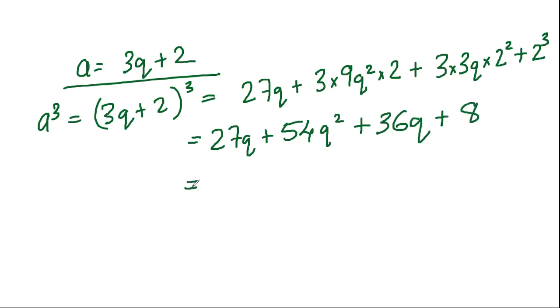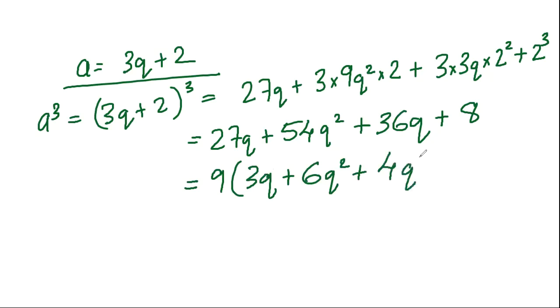This is equal to, I'm taking 9 outside, 9 times 3q cube plus 6q square plus 4q, plus 8. And the same thing I can write as 9m plus 8.